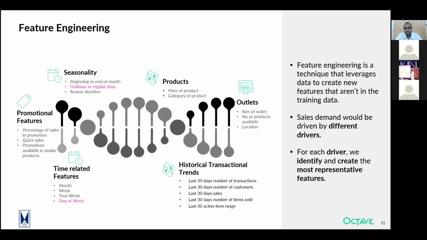Also, how many customers visited the store during that period, the daily sales, the number of items sold, and also the number of items which are actively selling. This time period could also vary. In this example we've taken 30 days, but it can even be 3 months or 6 months.